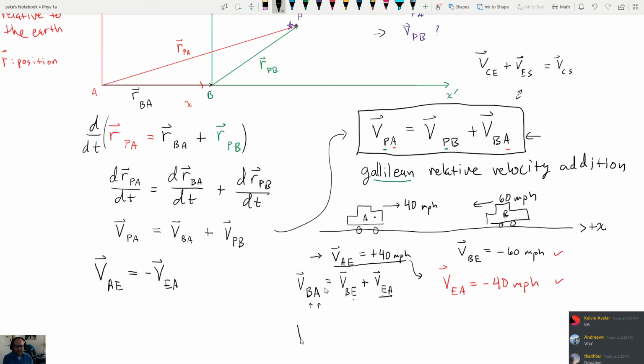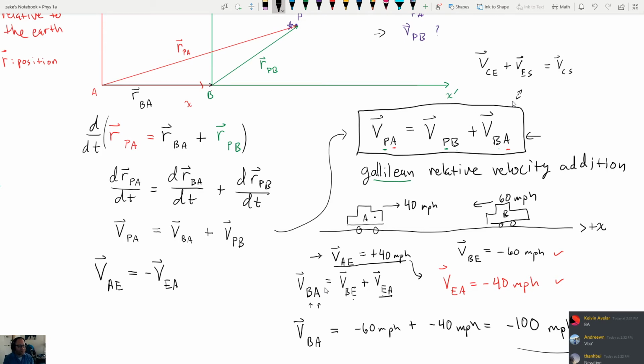So what we end up getting is the velocity of object B relative to A is equal to VBE, which is negative 60, plus VEA, which is negative 40, and our answer is negative 100, which is exactly the answer we got from above by just kind of thinking about it. So your intuition works just as well as this equation does.